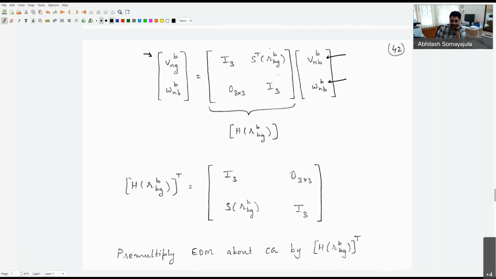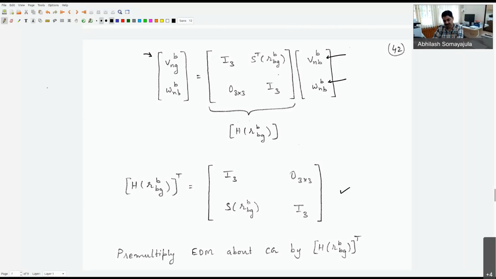This quantity here will come over to the other side, but then the transpose is lost. Yes, sir. Is everybody with me so far? This should be pretty straightforward. This is simple mathematics or linear algebra.